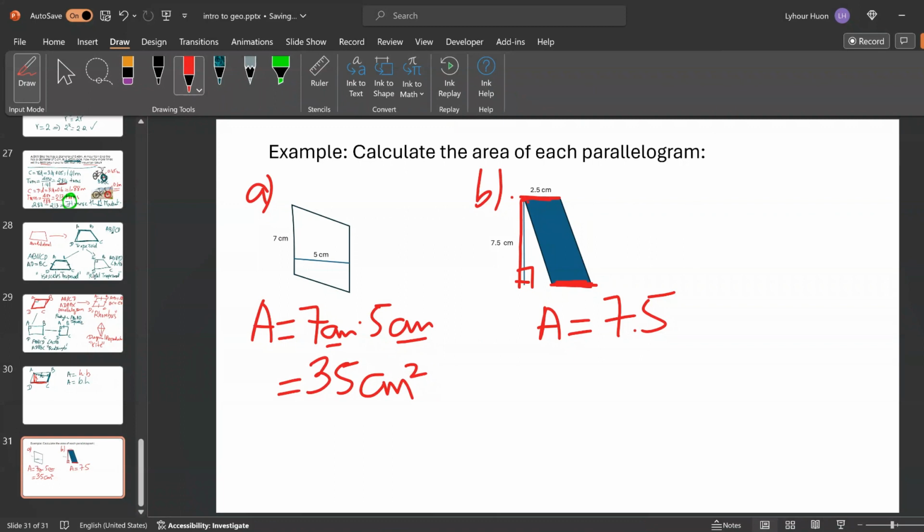So when this is 2.5, the base is also 2.5. So 7.5 times 2.5 is equal to 187.5. Let me confirm. Yes, 187.5 centimeters squared. That's correct.